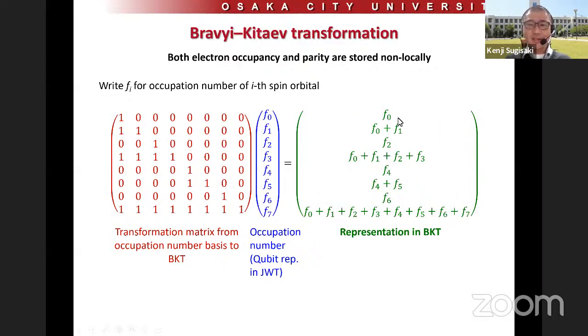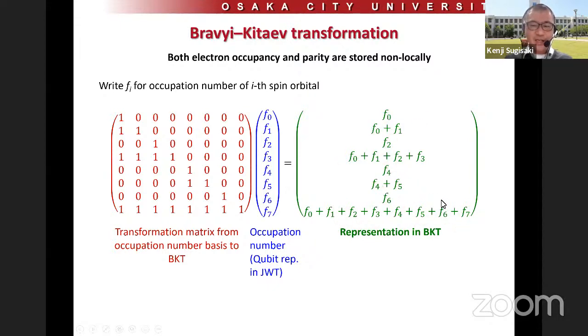As you can see, this f0, f2, f4, f6 correspond to the occupation numbers of the spin alpha electrons. Some qubits track the occupation number of particular spin orbitals, but others track the sum of the occupation numbers.